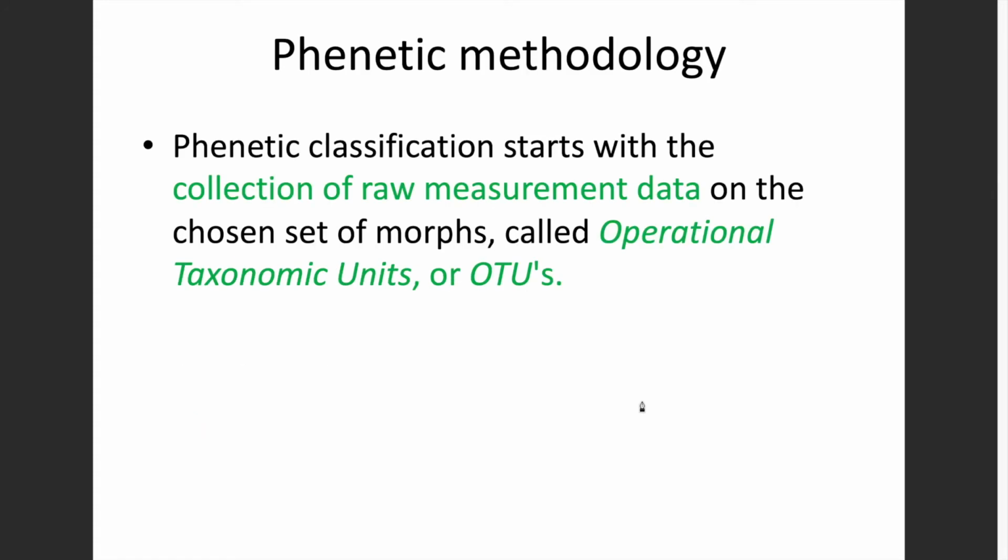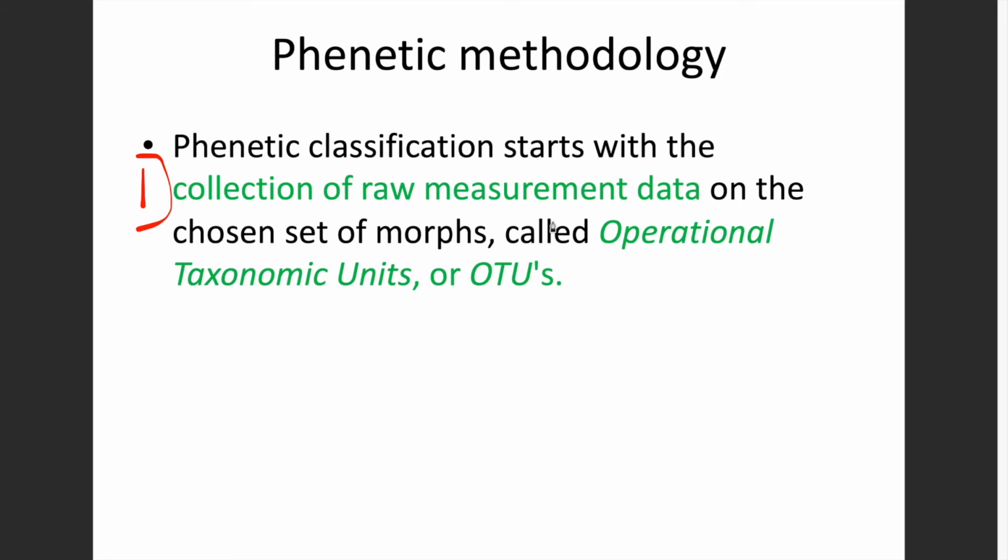So how do you do phenetic classification? How do you create phenetic studies? So the first things first you need to do in your phenetic classification is one, to collect the raw measurement of the data.